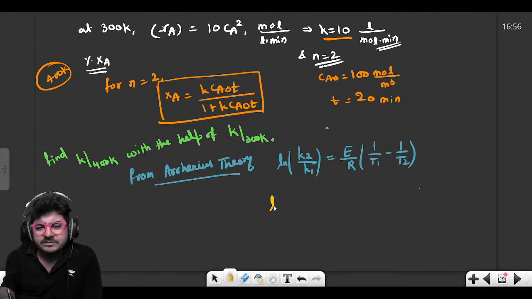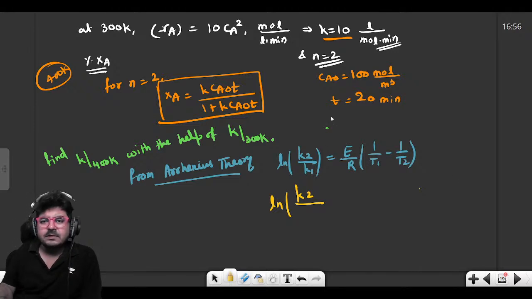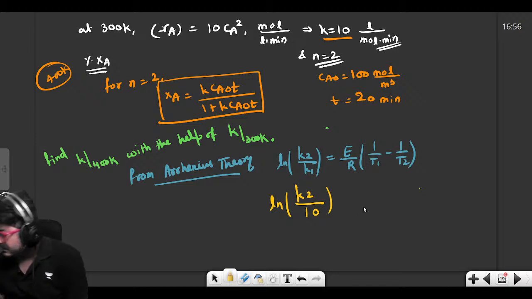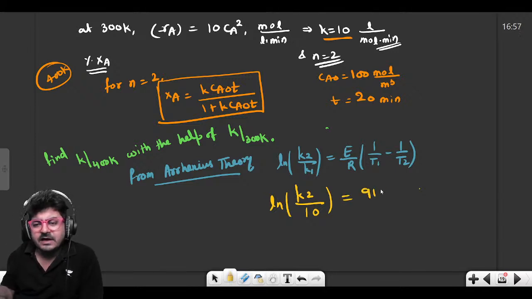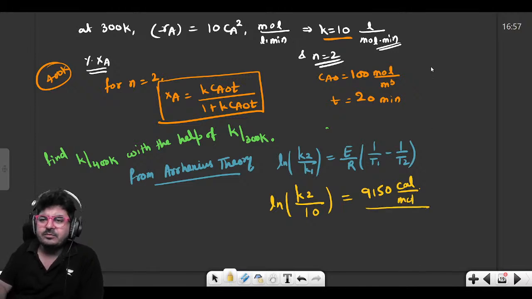So let's put the values. K2 is unknown, K1 is 10, which is at 300 Kelvin. E is 9150 calorie per mole. The value of R in terms of calorie per mole, I hope you guys know that.